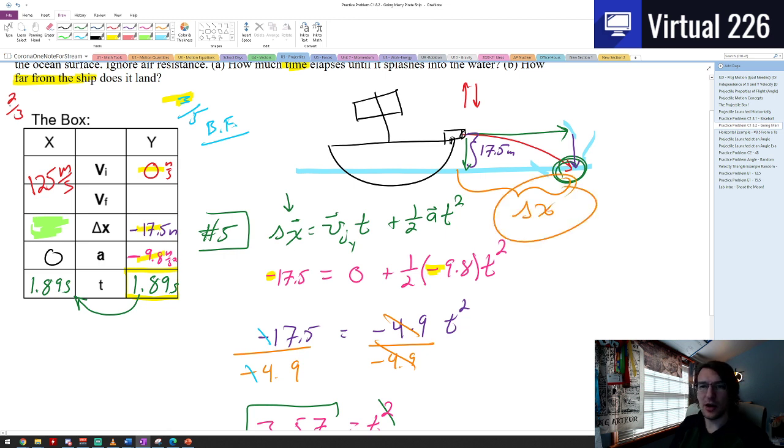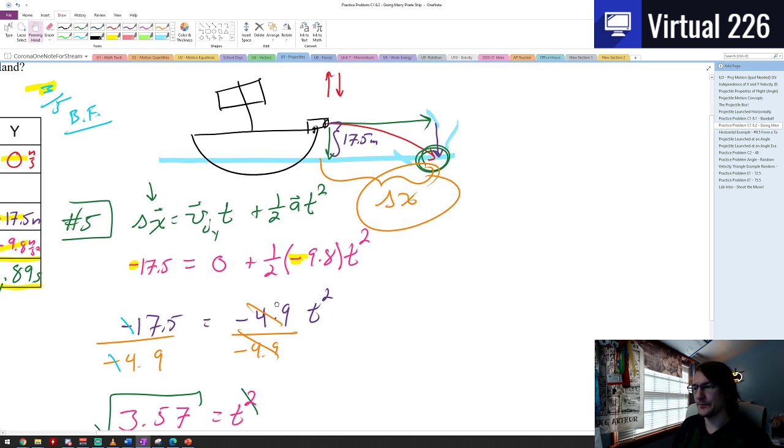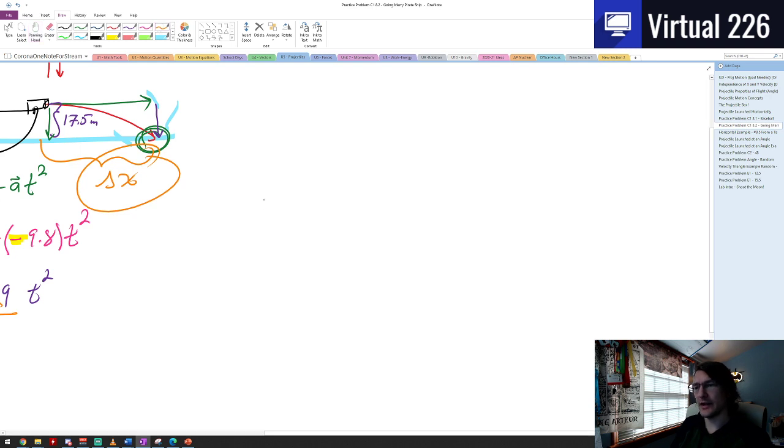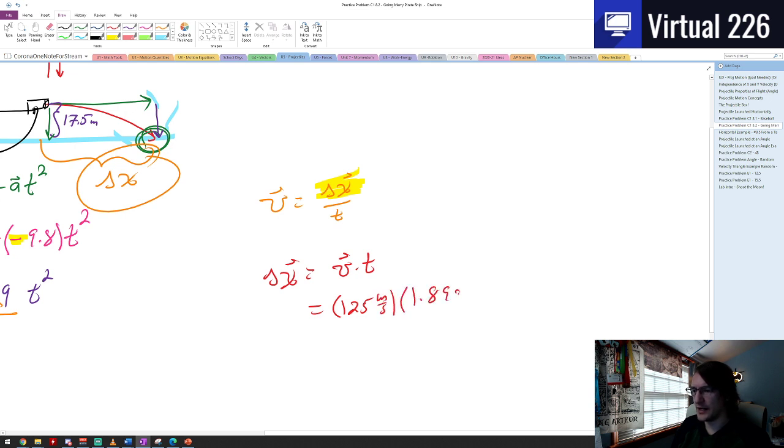To do that, on the left side here, we always are just using equation 1 because the acceleration is 0. And if we use equation 1 here, we find that equation 1 is velocity equals delta x divided by time. If we're solving for how far, or the delta x, we can just say that delta x equals the velocity multiplied by the time, which will just be 125 meters per second multiplied by 1.89 seconds.